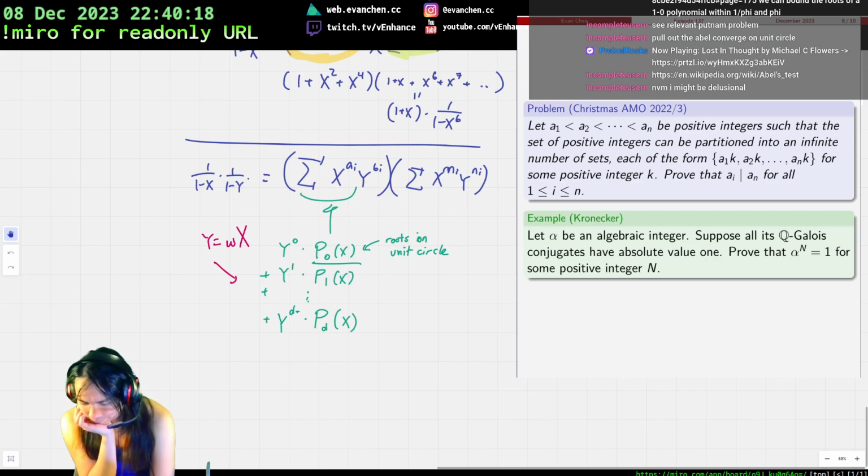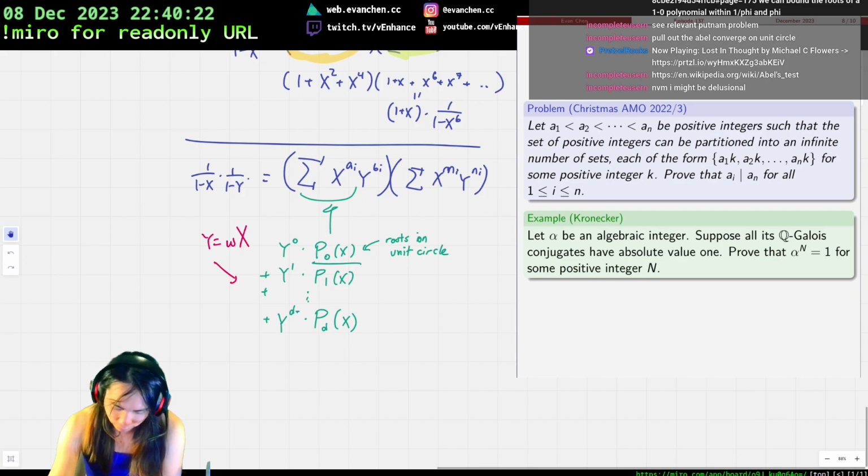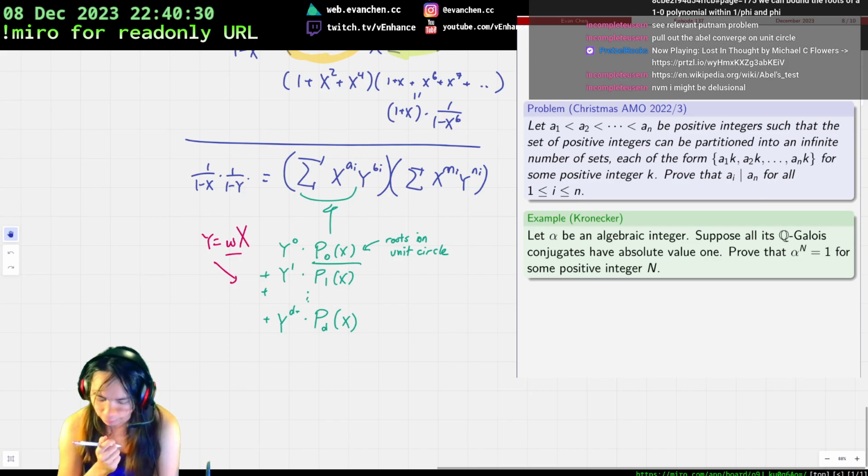Oh, actually, sorry, I lied a little bit here. This is a little weird now. Because if I let y equals omega times x, then what's the leading coefficient? It's something that's kind of weird.